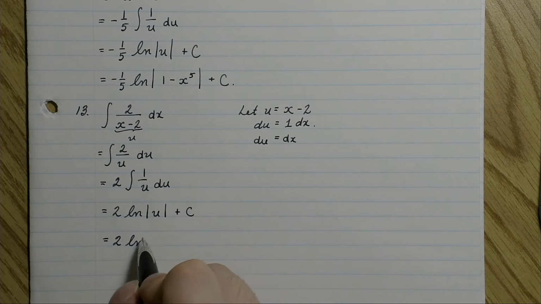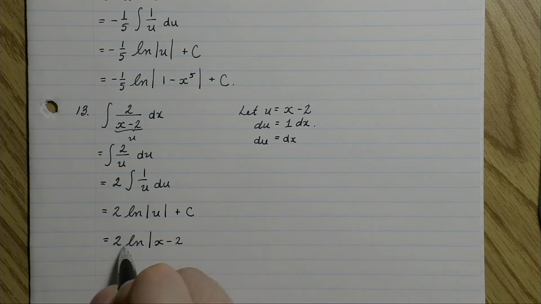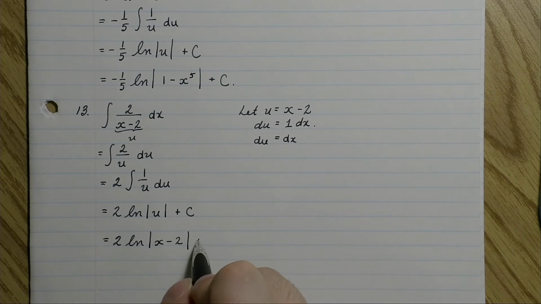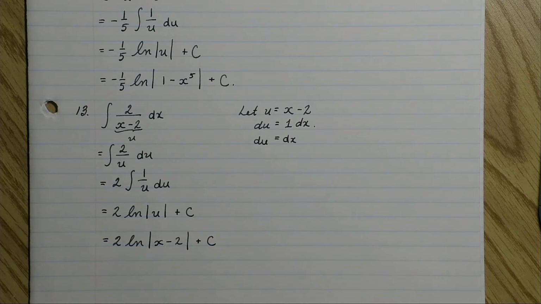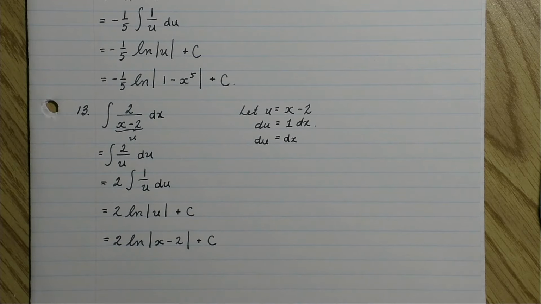And substituting my u back in, I get 2 ln of x minus 2 plus c. And 13, yep.